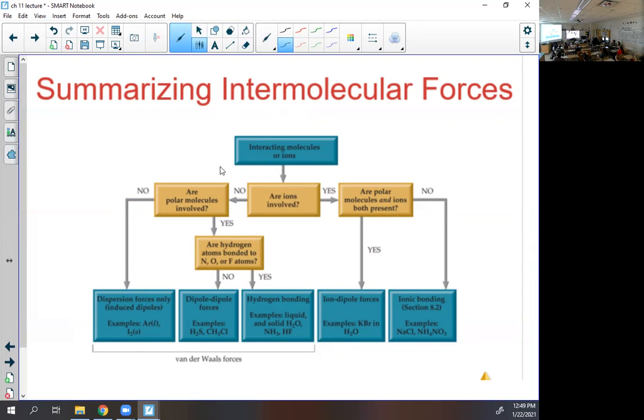If there are no ions, then you ask next, are there polar things? If there's hydrogen with N, O, and F, it will have both hydrogen bonding and dipole-dipole. If there are not, then you only have dispersion, or London dispersion forces. Okay, this chart's pretty good. Sometimes I don't like the charts that the book puts together, but it's pretty good.